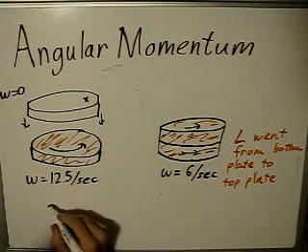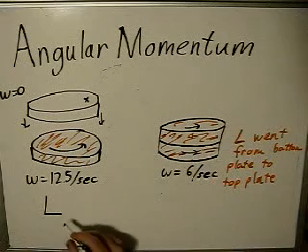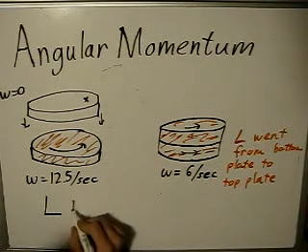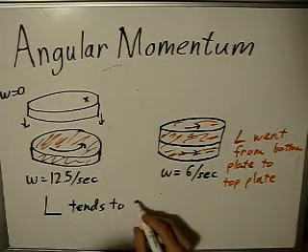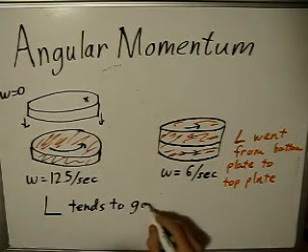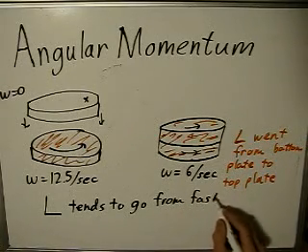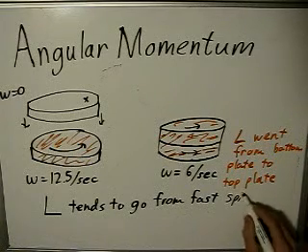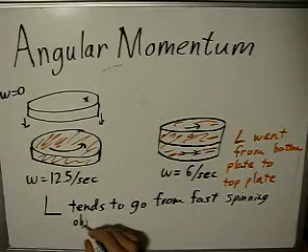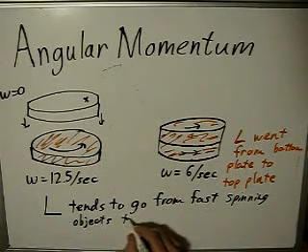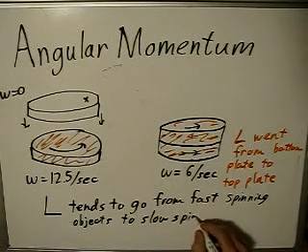And that is that angular momentum, which we call L, tends to go from fast spinning objects to slow spinning objects.